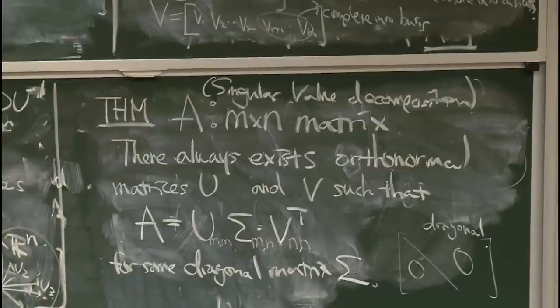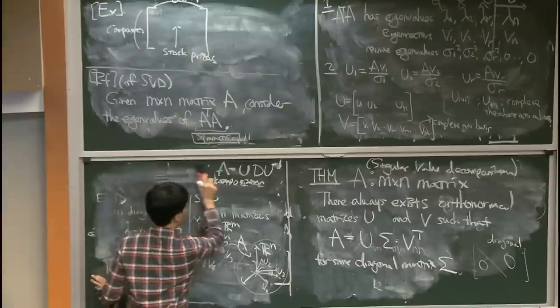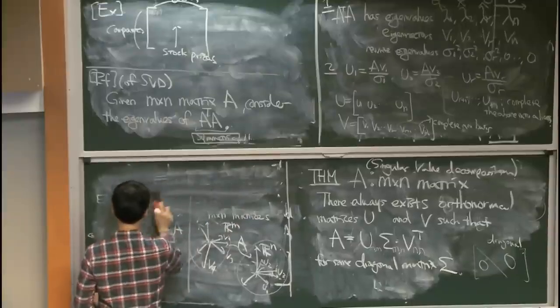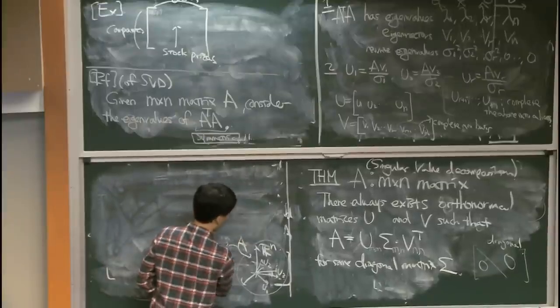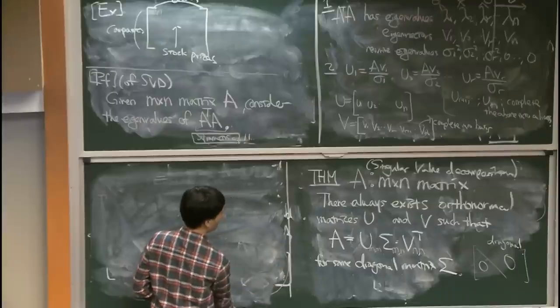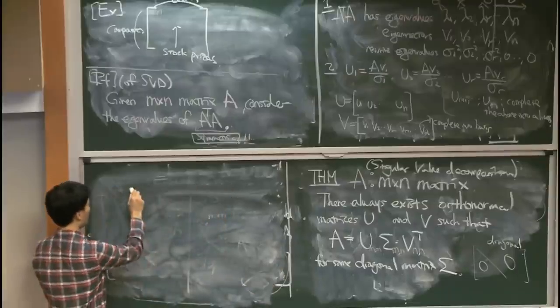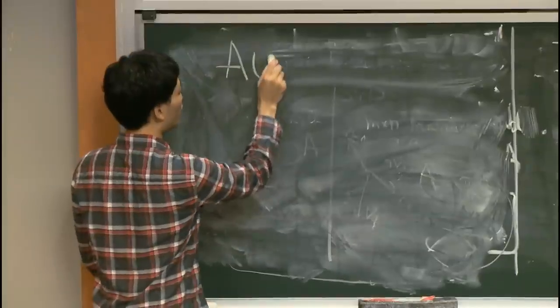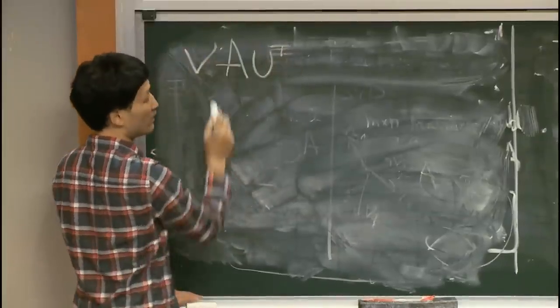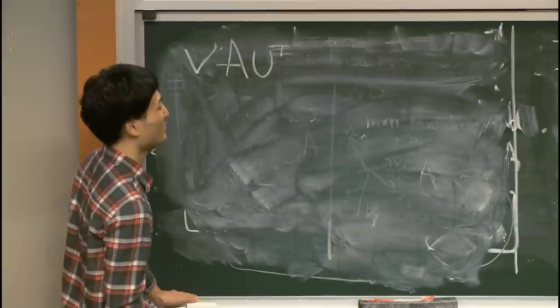Now let's see what happens. So U transpose times A times V. That's why it's wrong.